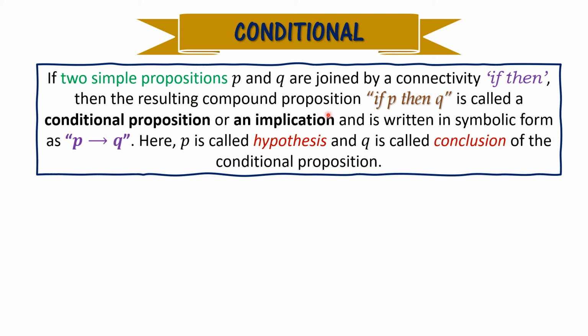Then the resulting compound proposition, if the proposition P, then the proposition Q, is called a conditional proposition or an implication and is written in symbolic form as P, then an arrow going to the right, then Q. In here, P is called the hypothesis and Q is called the conclusion. So the first proposition will be the hypothesis and the second proposition is the conclusion of the said conditional proposition. So now I have here two examples.